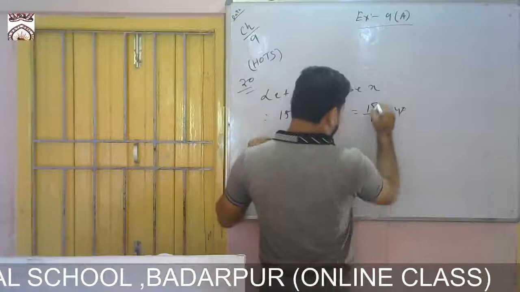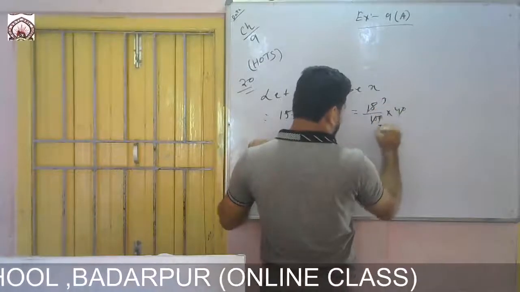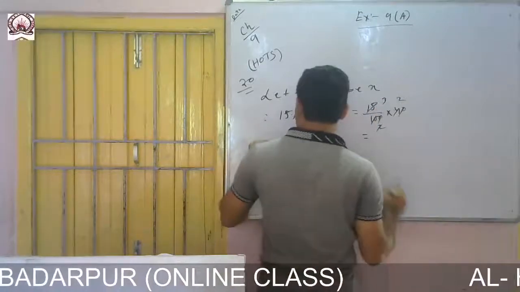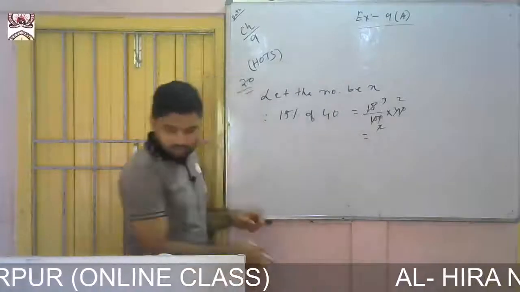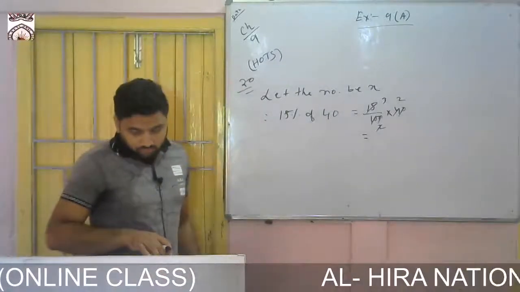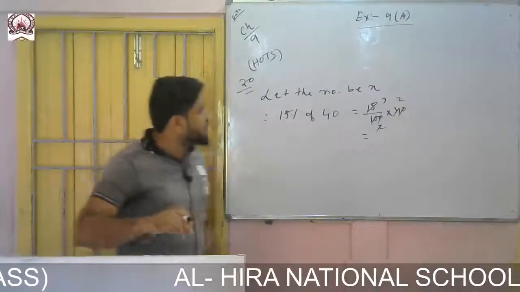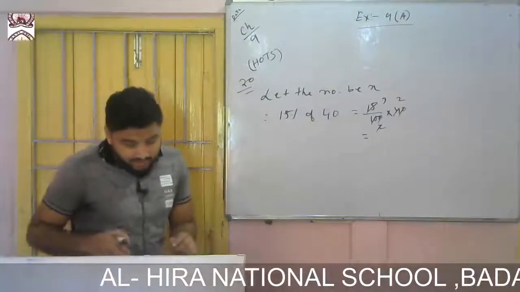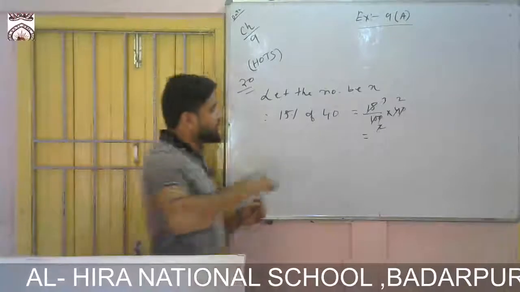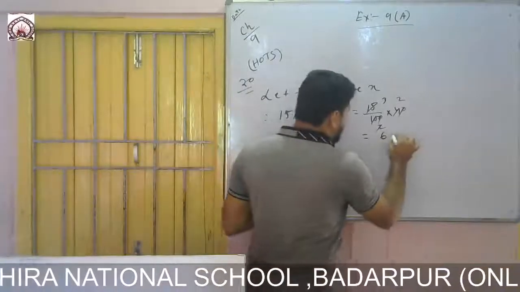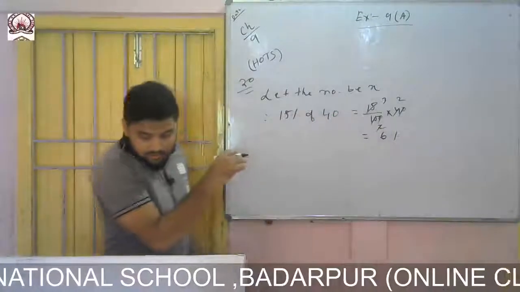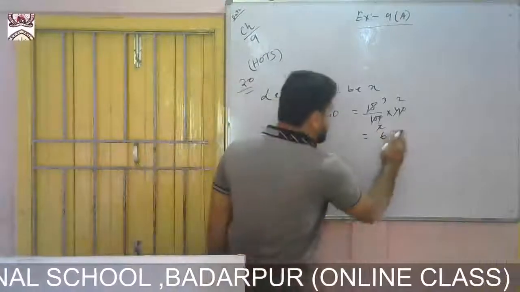Cancel: 5 3 times 15, 2 times 2. So 15% of 40 will be 3 times 2, which is 6.